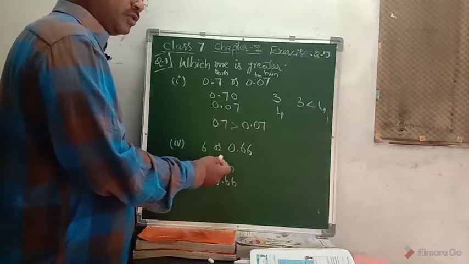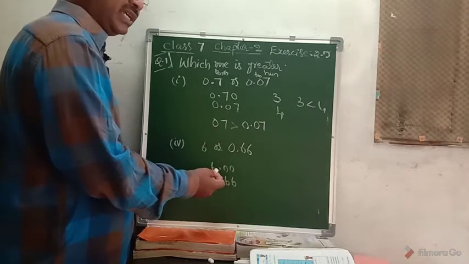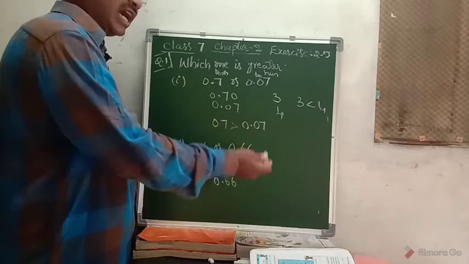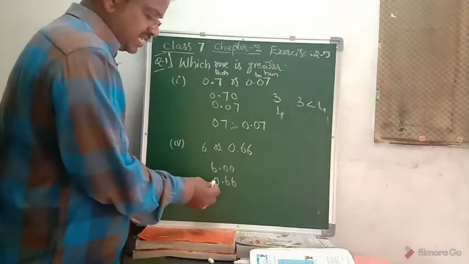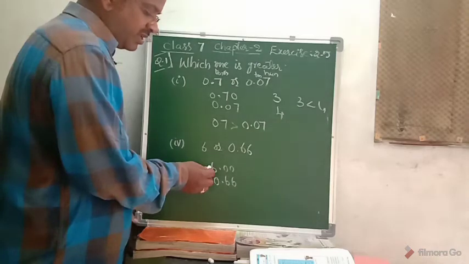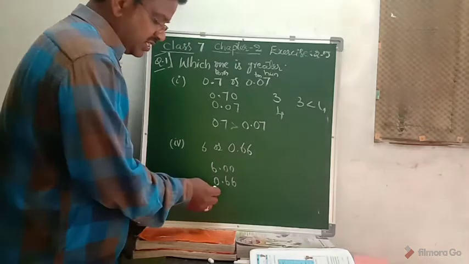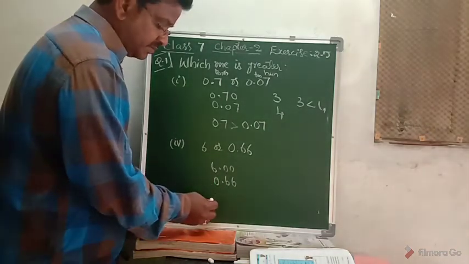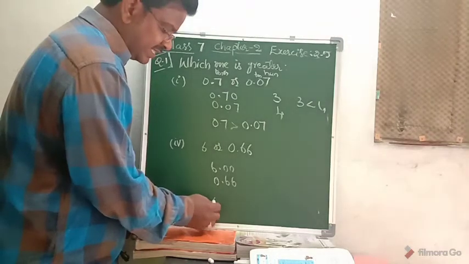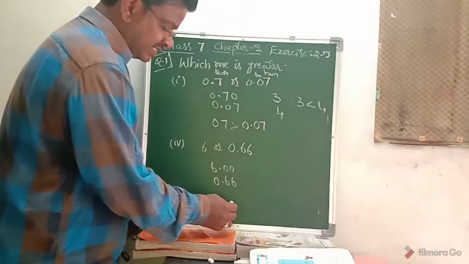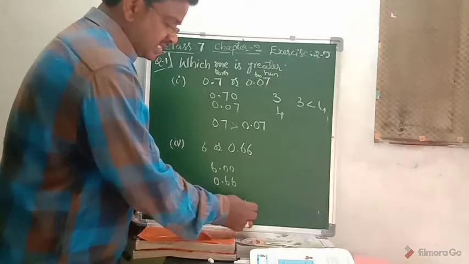If comparing tenth places gives no information, we go to the hundredth places. Here you can see the whole number part of this number is greater. 6 and 0, so 6 is the greater number. Let's write that 6 is greater than 0.66.